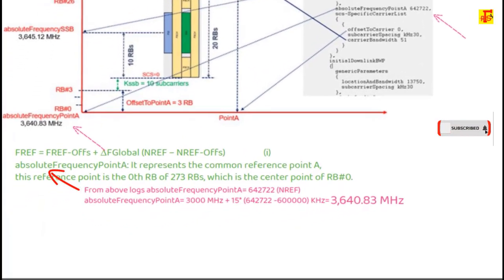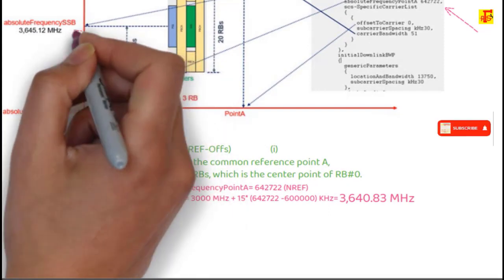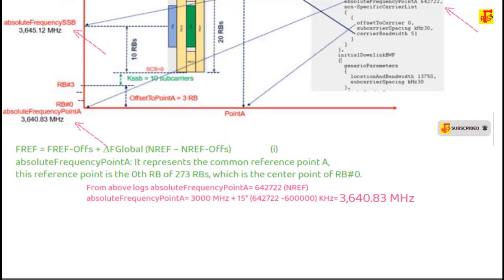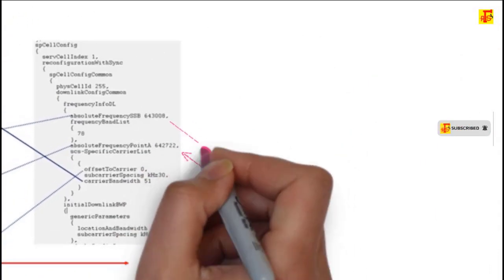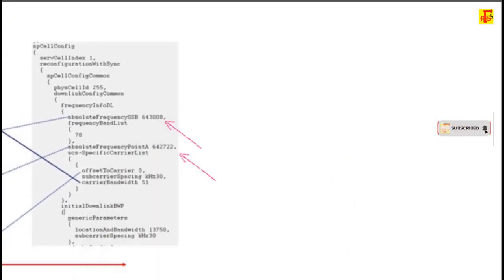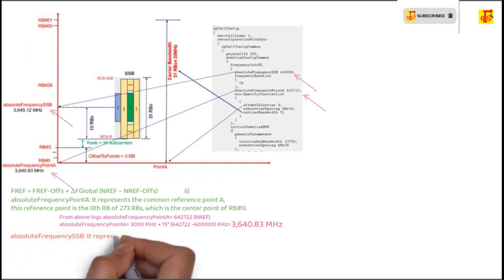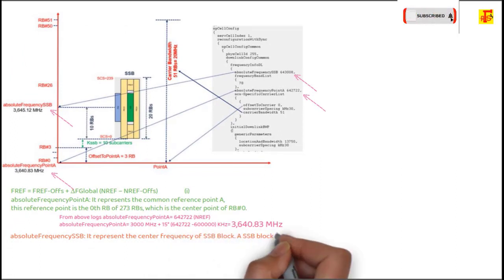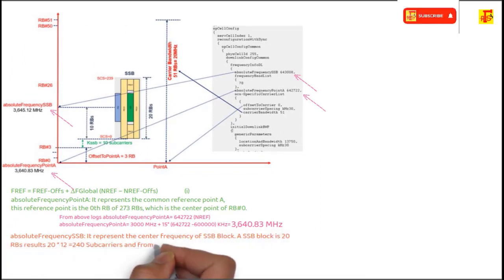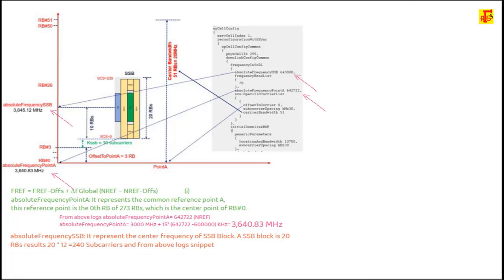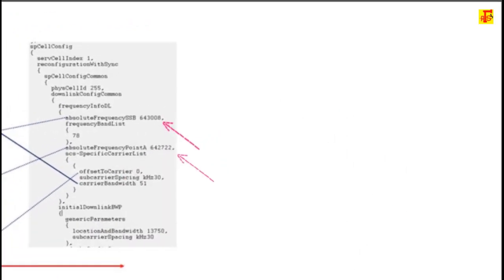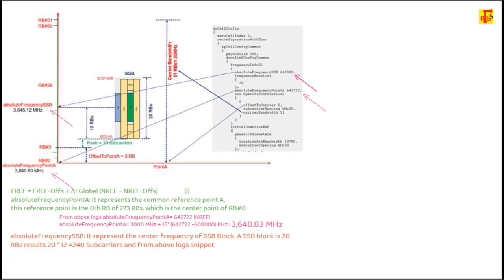Now absolute frequency Ssb, right? Absolute frequency Ssb, it represents the center frequency of the Ssb block. Ssb block का जो center frequency है, that is the absolute frequency Ssb. So Ssb block is 20 RB, right? 20 RB is allocated to Ssb. So 20 into 12, that means 240 subcarriers will be utilized. So from the log, absolute frequency Ssb ARFCN is 643008, right?